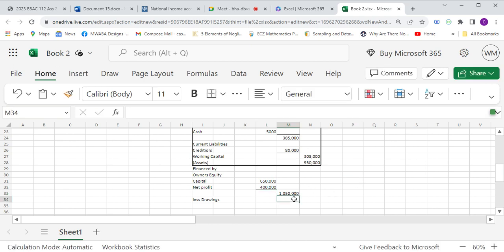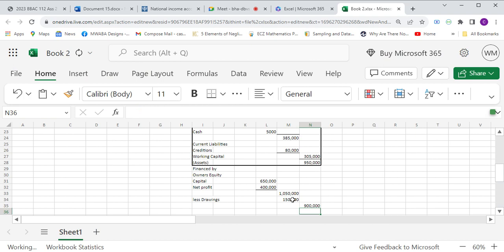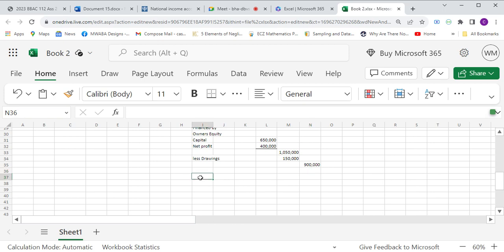So drawings 150,000. Deduct that. 1,050,000 minus 150,000. You get 900,000.